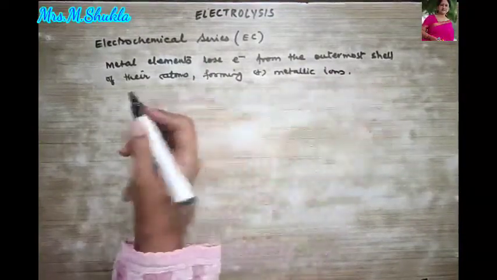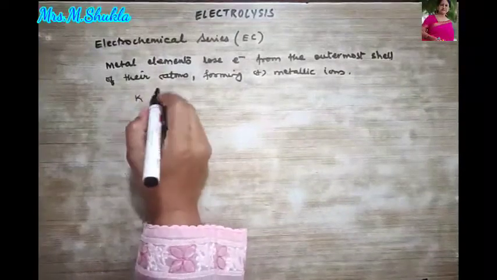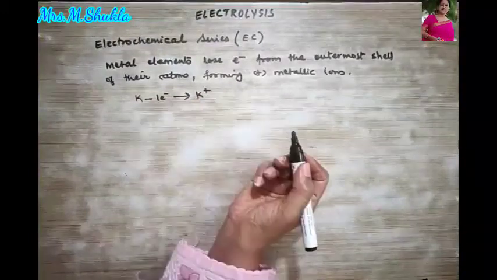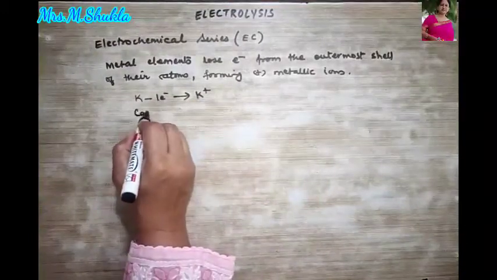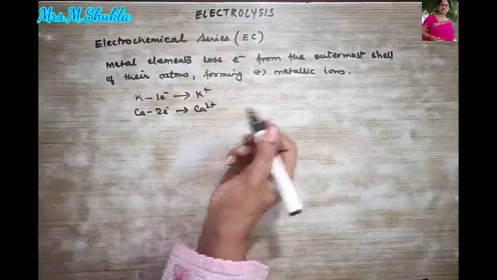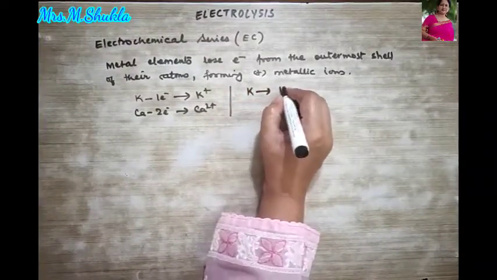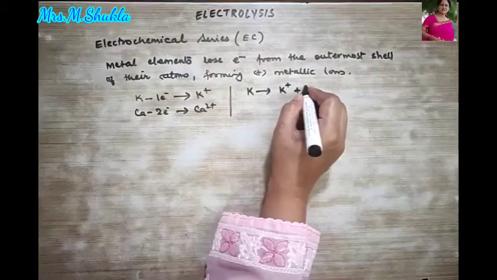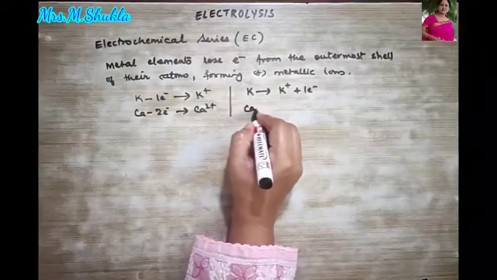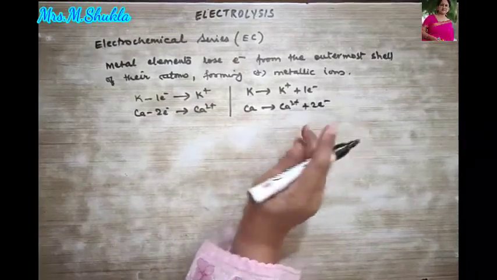Okay, for example, like potassium, it loses one electron, and what does it form? A metallic ion. Similarly, calcium will lose two electrons and will form calcium ion. Okay, this can also be written like this: K plus, that is potassium ion, plus one electron. Okay, another way of writing it down. Then for calcium, it can be written as Ca2+ plus 2e minus.